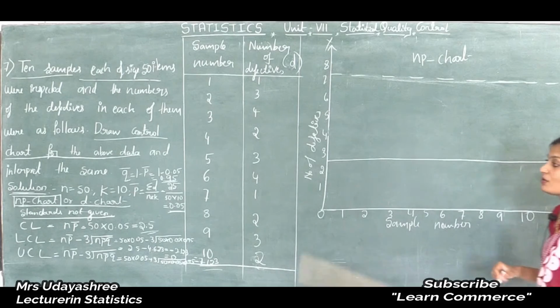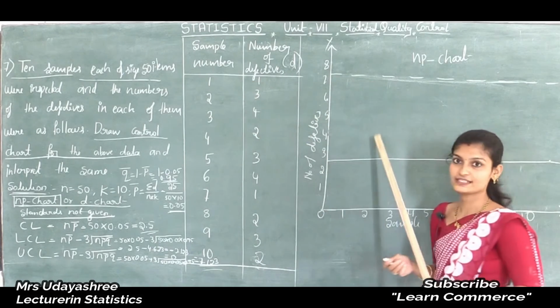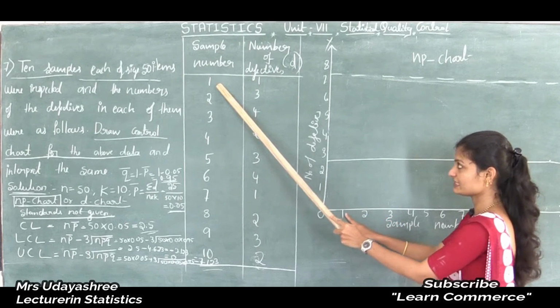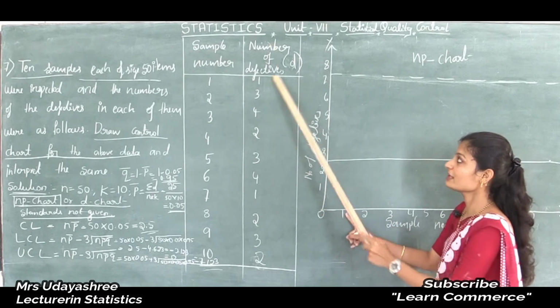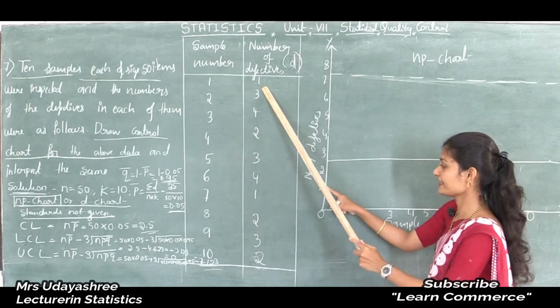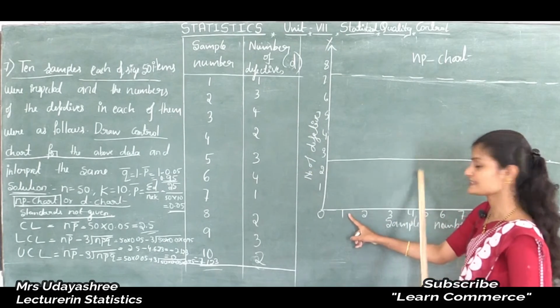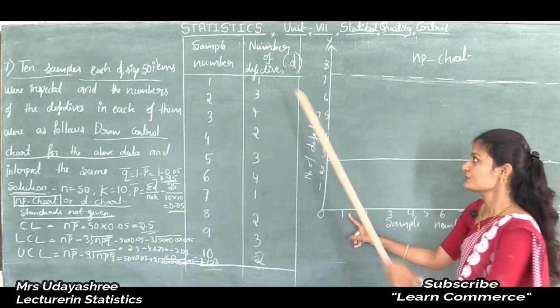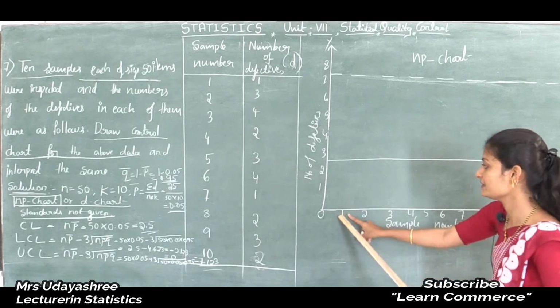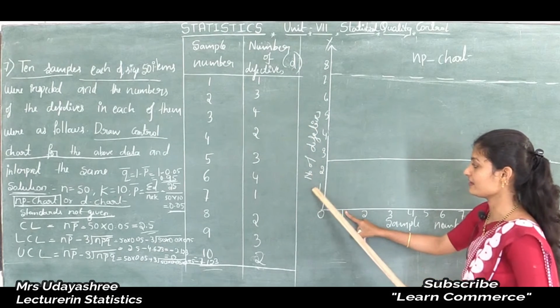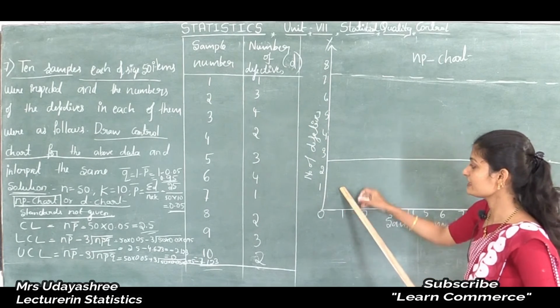Okay, next I will plot these points on this graph. See, sample number 1 is here, and the number of defectives is 1. The y axis is along with the number of defectives and the x axis is along with the sample number. So sample number 1 is here and the number of defectives 1 is here. The corresponding place is here.